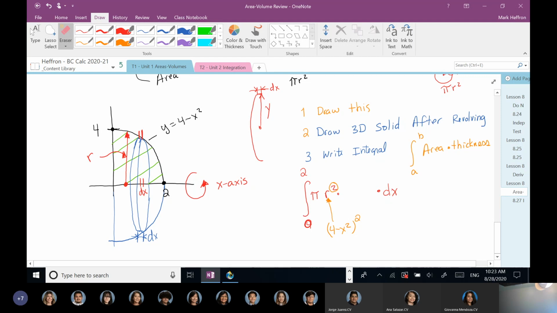Everything you had was perfectly right. So what I would have had for a final answer is pi from 0 to 2, 4 minus x squared squared dx. The dx was the thickness, and the 4 minus x squared was the r. Brittany, is that what you thought?